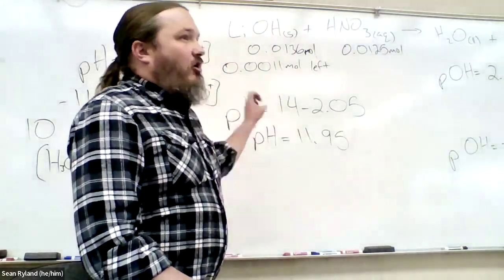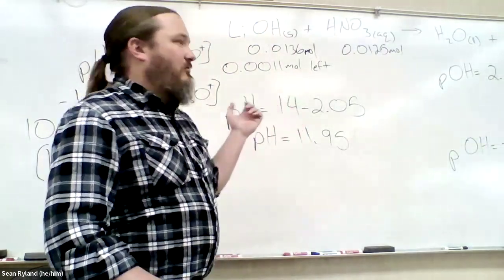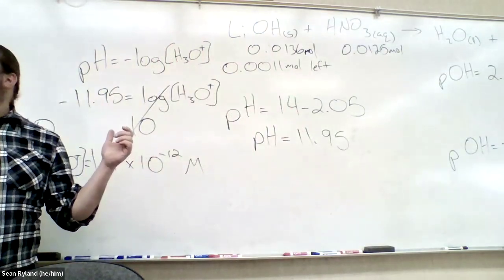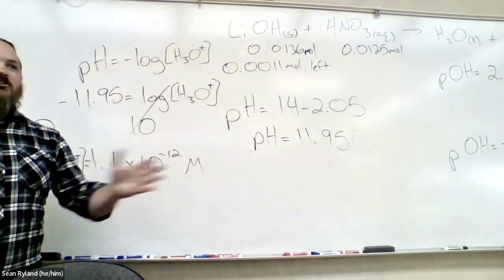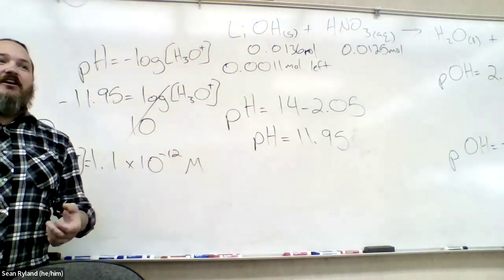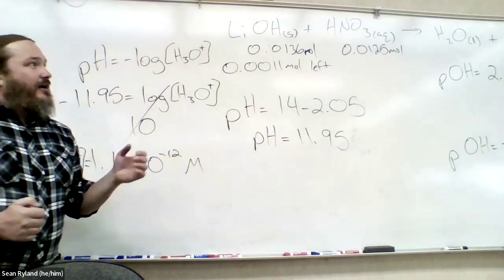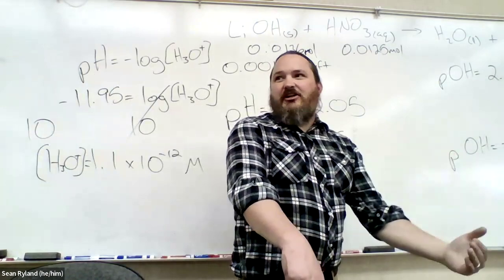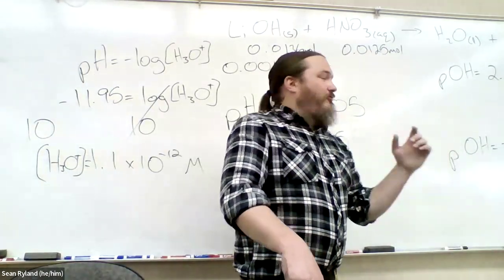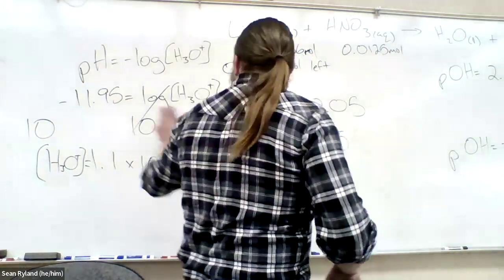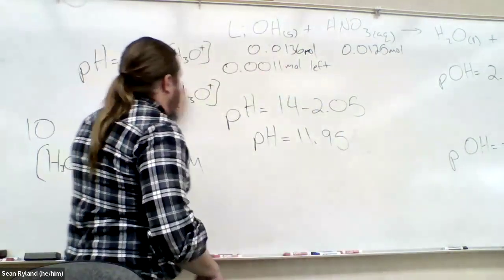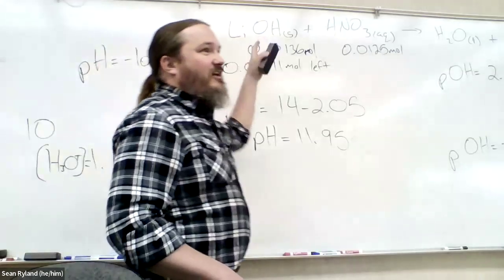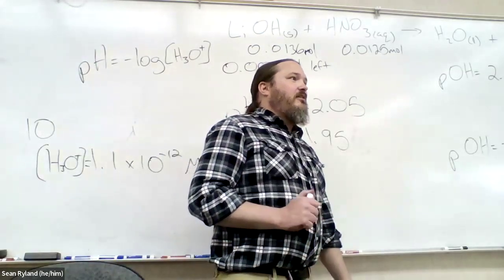If we talk about strong acids and strong bases, what does strong mean in the chemistry sense? Completely reacts, goes 100%. Basically, we can do it like stoichiometry. If it's an equilibrium reaction, it doesn't go to completion. And so for weak acids, we actually have to find the pH a different way. As long as it's a strong acid and a strong base, it's going to look like this.